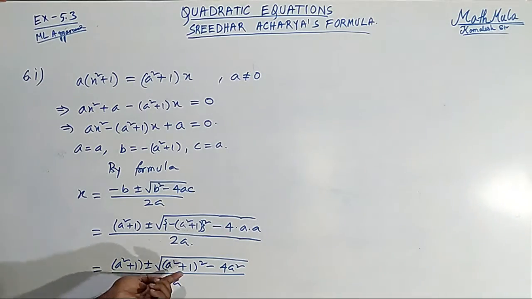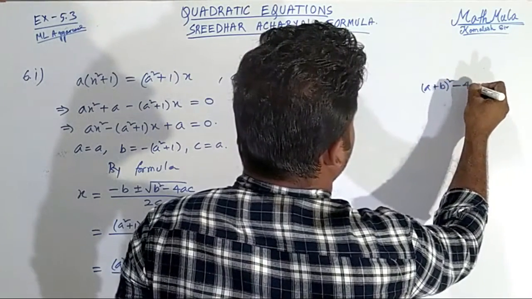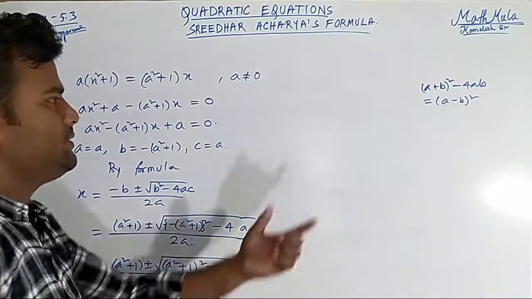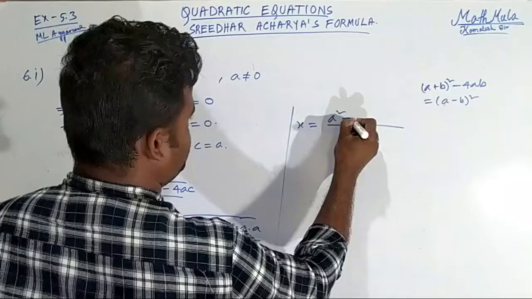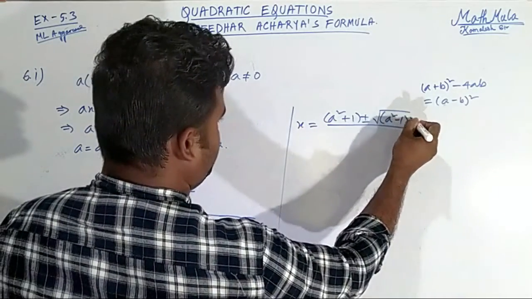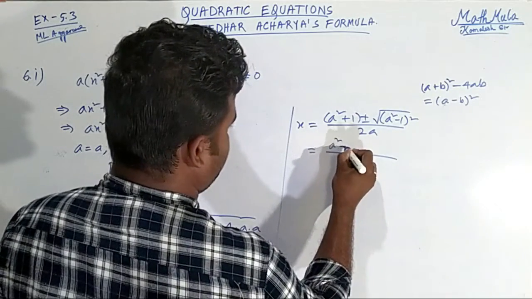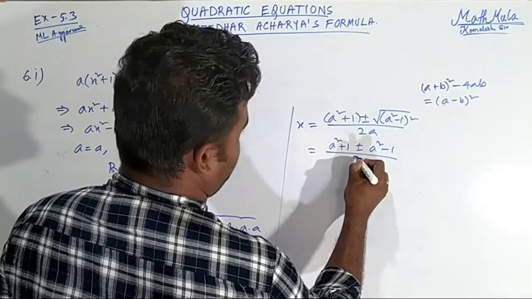Now we are using the formula (a plus b) whole square minus 4ab is equal to, we can write, (a minus b) whole square. Now using this formula, we get x is equal to a square plus 1 plus minus (a square minus 1) whole square by 2a. Now this is equal to a square plus 1 plus minus (a square minus 1) by 2a.